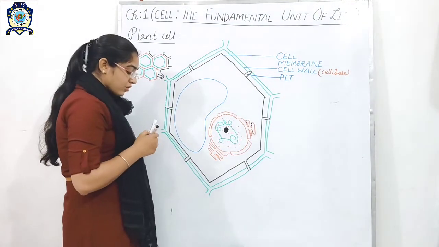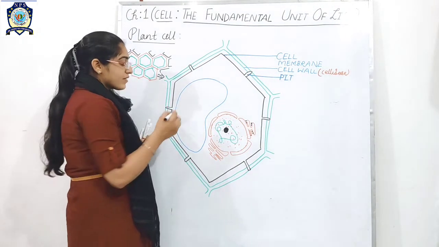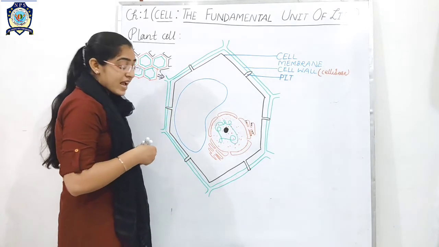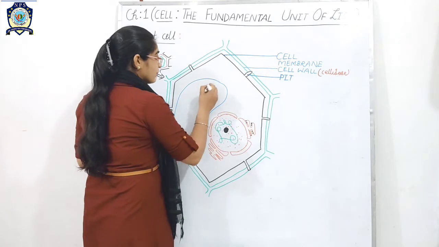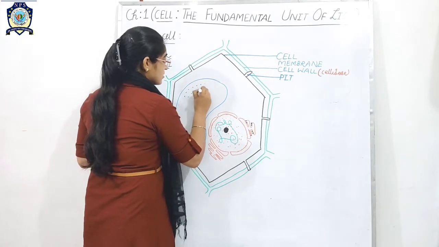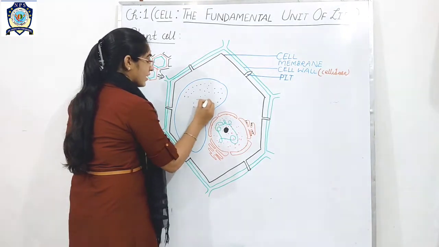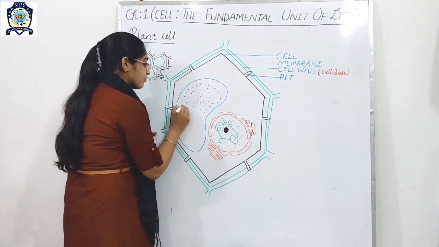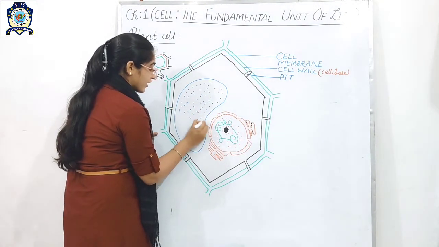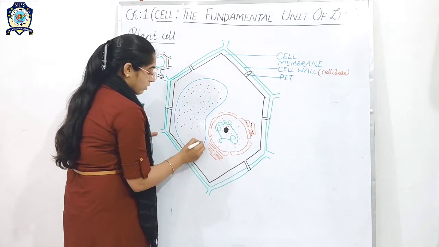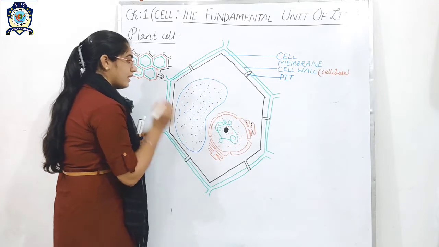This one is the vacuole, and this vacuole is filled with fluid. Okay, and this fluid of the vacuole is called the cell sap. In the last class we discussed that the fluid of the vacuole is simply called the cell sap.